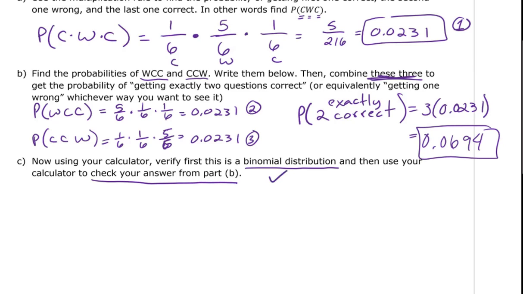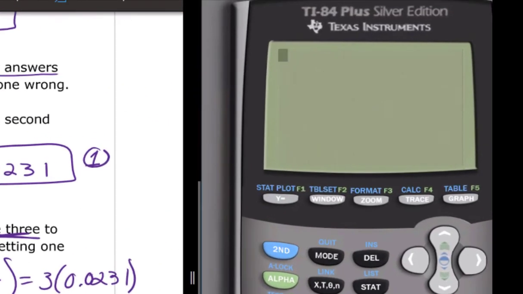So what we could do is, when we run binom PDF, we could type in our number of trials as 3, our probability of success. Well, let's let getting 1 correct be our success. So 1 out of 6. And then X, how many successes do we want? We want 2 successes.